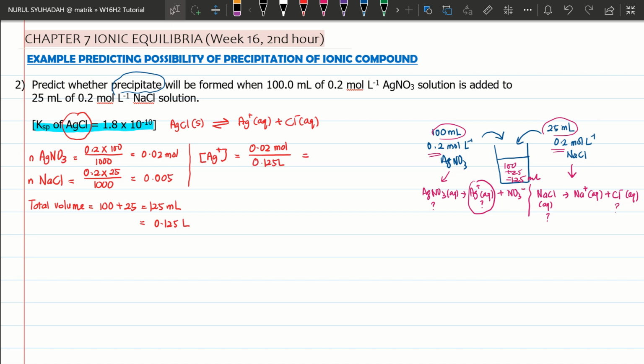So, concentration dia, saya double check balik calculation saya, 0.16 molar. Kalau awak tak nak buat AgNO3, awak nak terus tulis Ag+ pun boleh, tak ada masalah. Cl minus pula, sebab dia akan datang daripada sini.